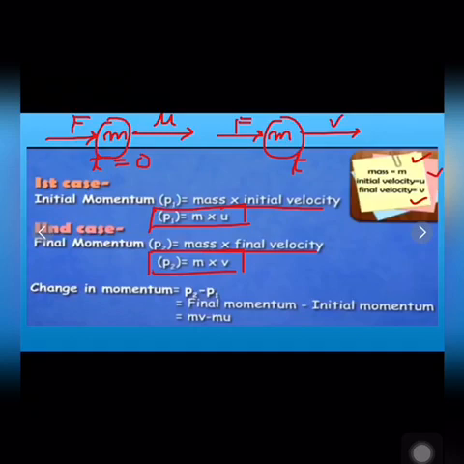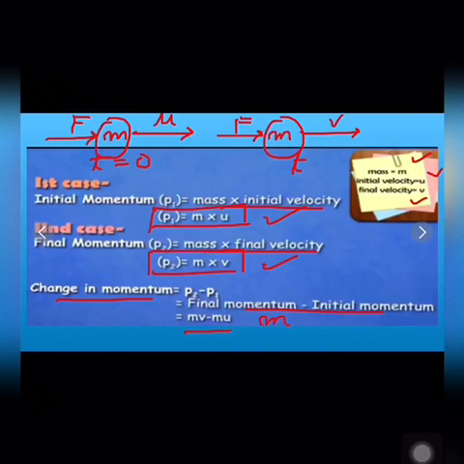When we talk about the second law of motion, there is a change in momentum, the rate of change of momentum. Then the change of momentum can be written as final momentum minus initial momentum, which is mv − mu.